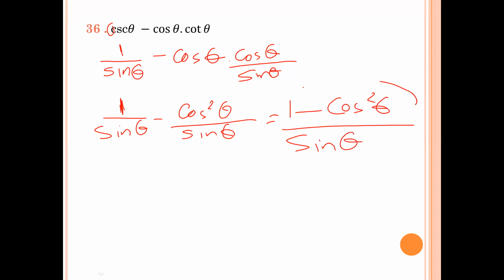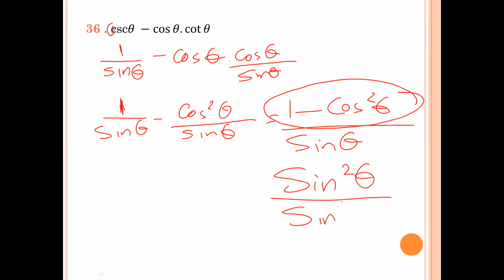Now, using the Pythagorean theorem, 1 minus cosine squared of theta is sine squared of theta over sine theta, which cancel each other, so it will be sine theta. So the simplest form is sine theta.